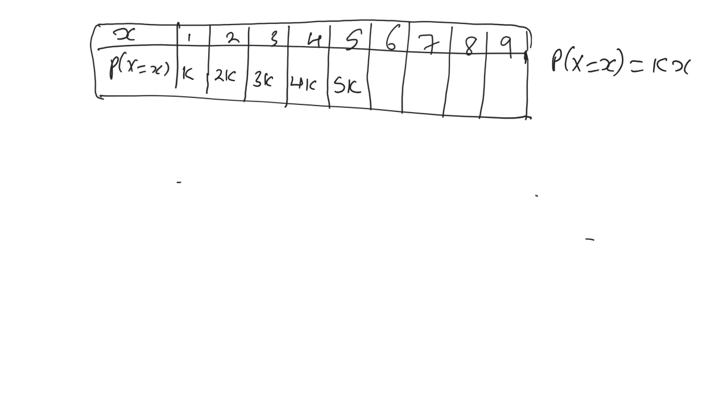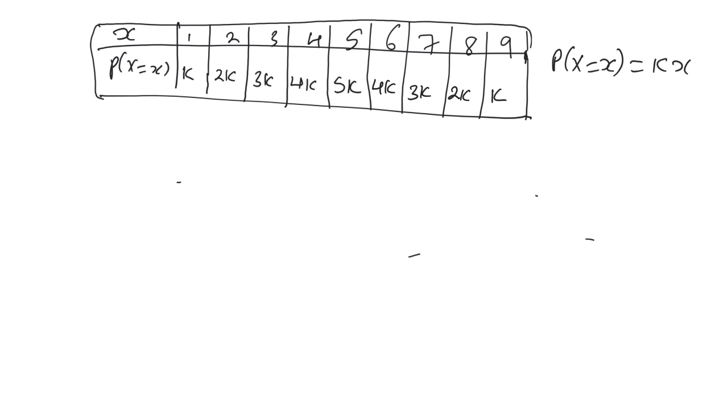Then from x equals 6 up to 9, we have the PDF defined as k times 10 minus x. So 10 minus 6 is 4k. So we have 4k, then 3k, then 2k, and k.